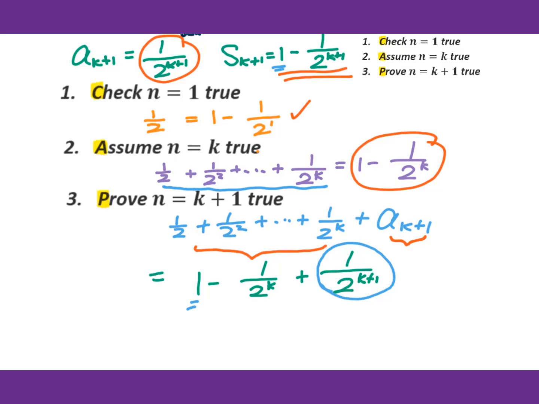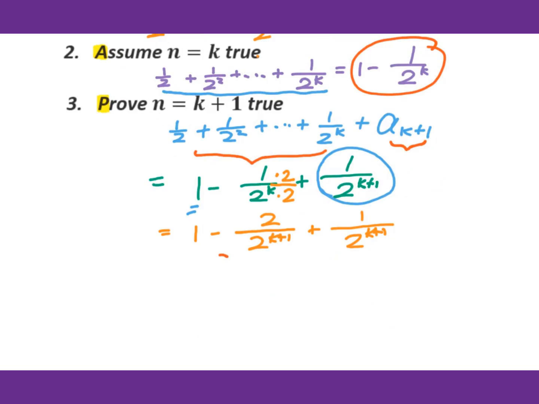Therefore, you need to make 2 to the k's power into 2 to the k plus 1's power. So we multiply by 2, top and bottom. You will get 1 minus 2 over 2 to the k plus 1's power plus 1 over 2 to the k plus 1.